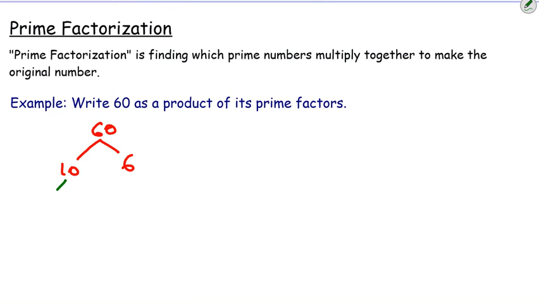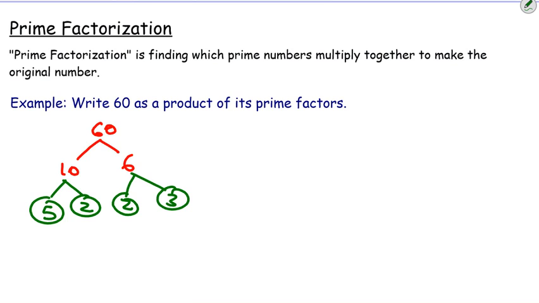So which two numbers can I multiply to get 10? That will be 5 and 2, and these are prime numbers. Here I will end up with 2 and 3, and these are prime numbers.